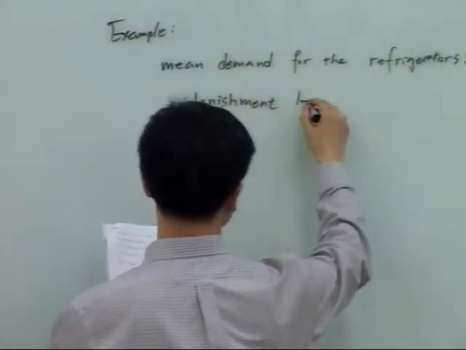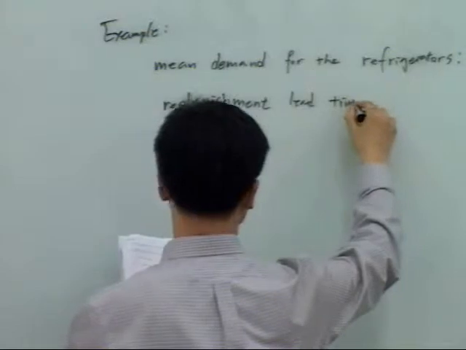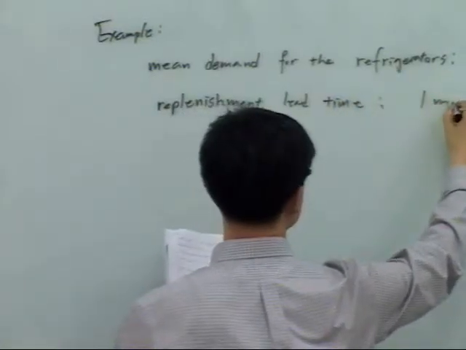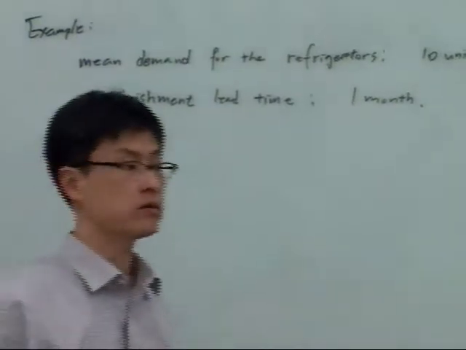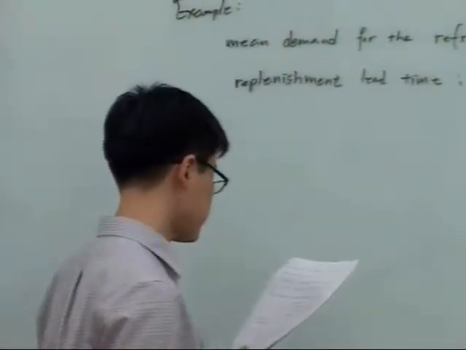Replenishment lead time is 1 month. Okay, so the manufacturer takes about 1 month to make it.